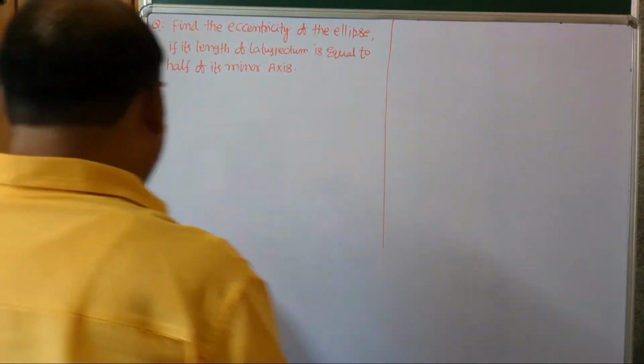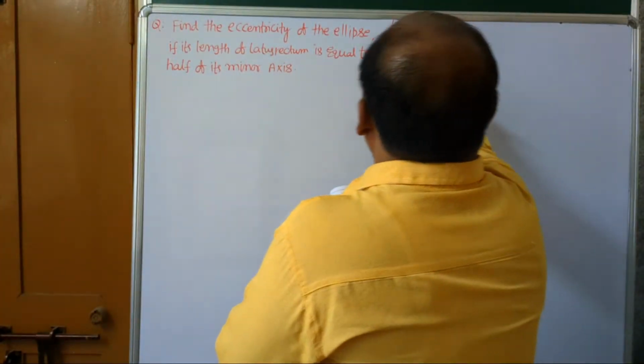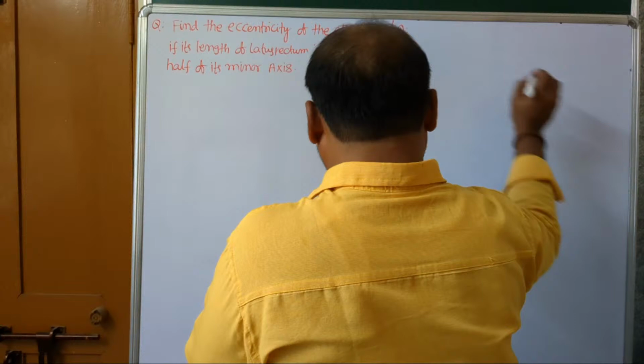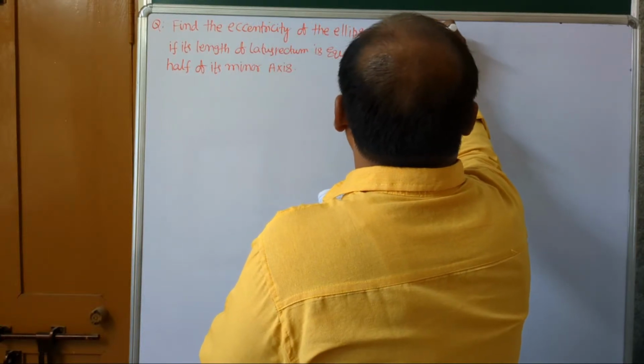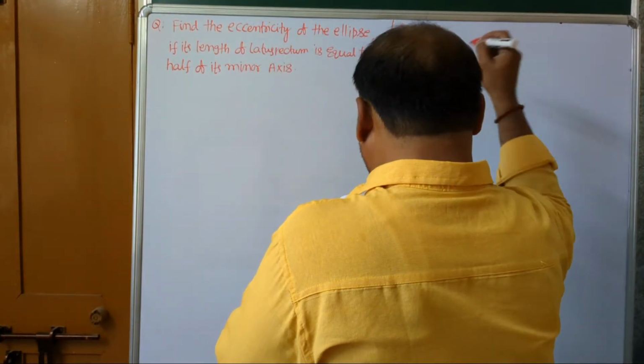Half of its minor axis. Next, another question based on eccentricity only. Sometimes these questions are asked for 4 marks.